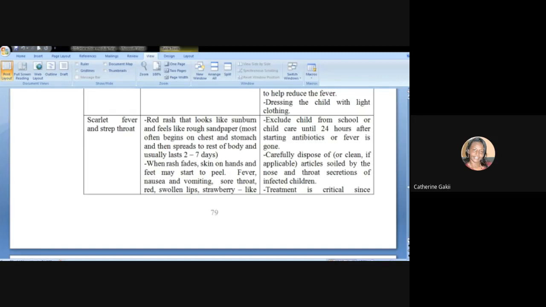Then carefully dispose of the disposables that they have used, like tissues, like serviettes, and clean the handkerchiefs well with salt or disinfect them with jik.